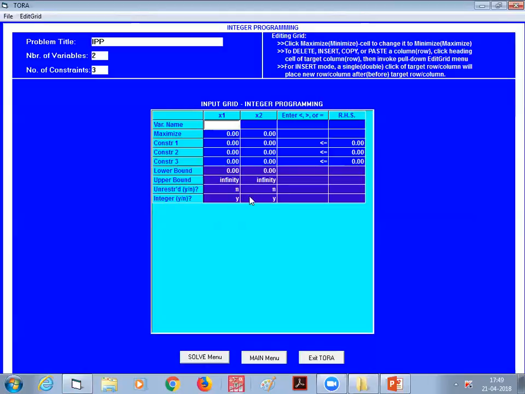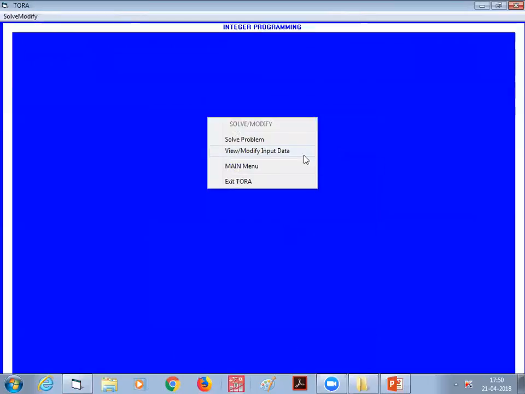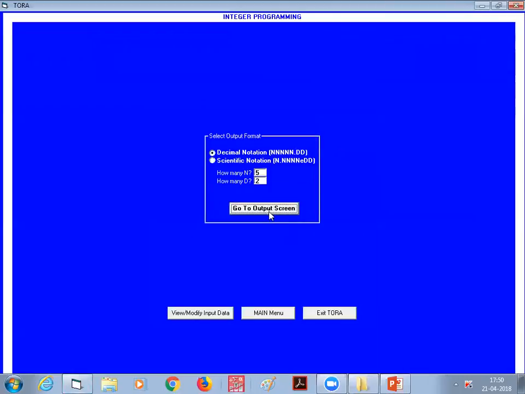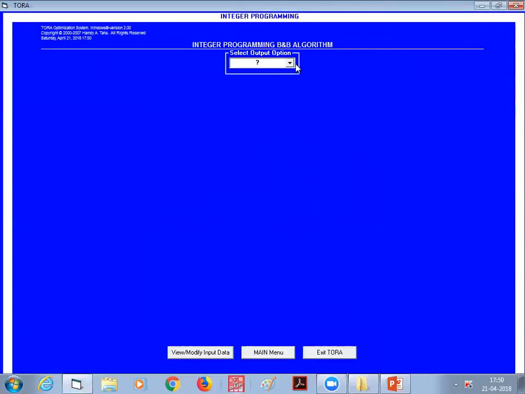Everything is taken to be integer here. 3 comma 2, 3 comma 1, 3 comma 1 this side, minus 1 comma 1 here, and here we have 9, 7, and 1. When we solve this, it will just take one single solution. This is called branch and bound.